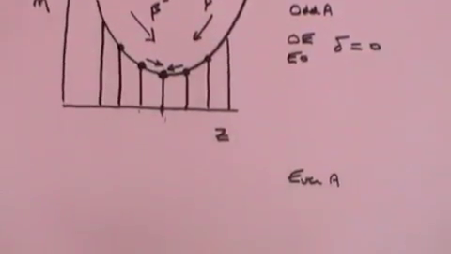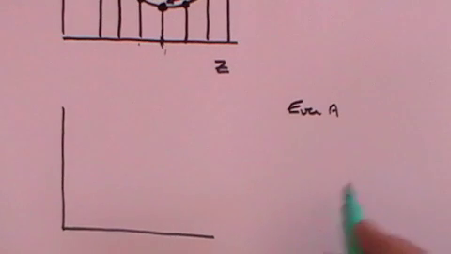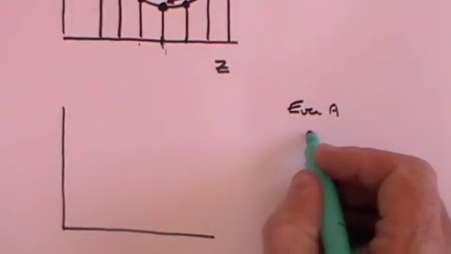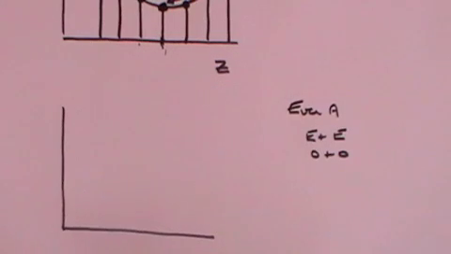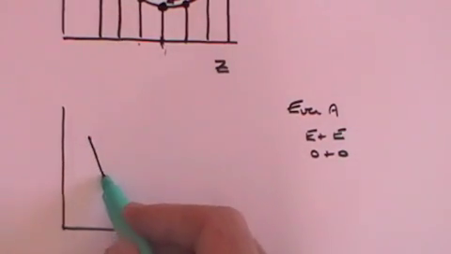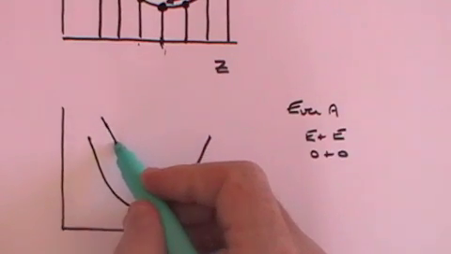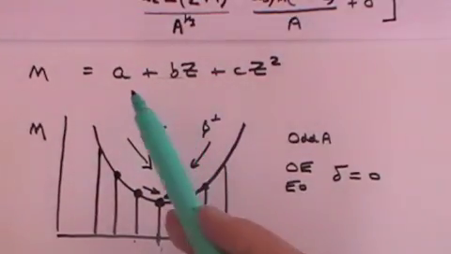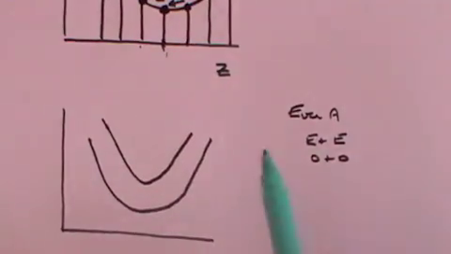And what that does to the parabola is it simply says there will be two parabolas, because for this even number of nucleons, you can have an even number if you have even plus even or odd plus odd. Both will give you an overall even number. But what you find is that the even parabola is lower than the odd parabola because it's the value of A in the quadratic equation which changes, and all that does is to push the parabola up or down. It doesn't change its shape, so I should have drawn two equal shapes.